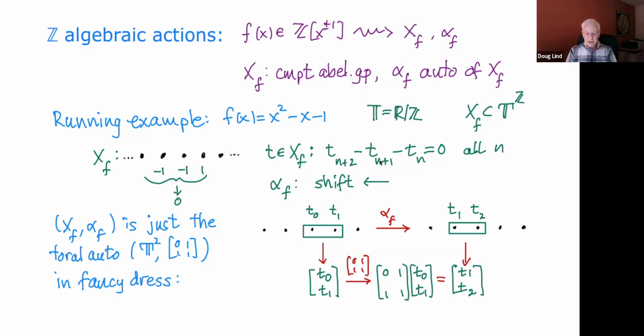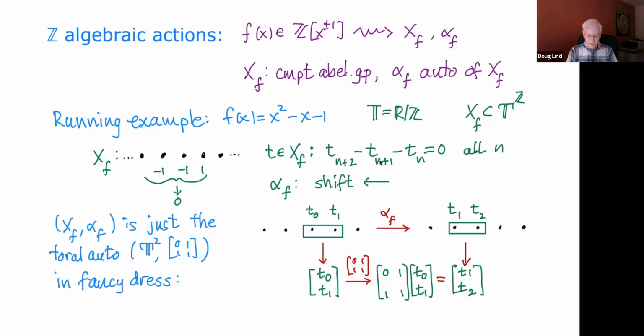Now, actually, this is just a fancy way to write the two-dimensional toral automorphism with matrix 0, 1, 1, 1, because I can take any two coordinates, say t_0 and t_1, and if I know those coordinates, I can reconstruct the rest of the point in X_f, because t_2 is the sum of those two, and then t_3 is the sum of the preceding two, and so on. So knowing those two coordinates, I can get the rest of the coordinates easily.